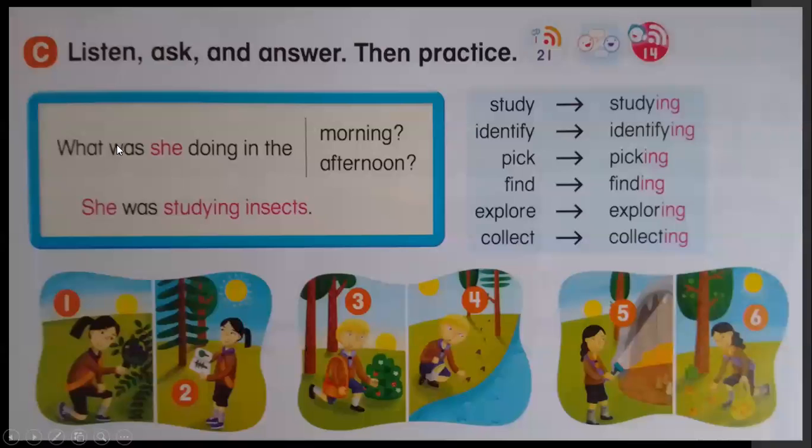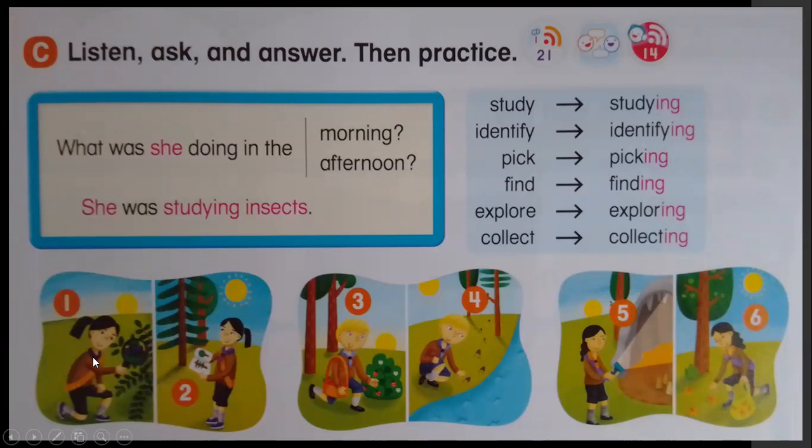Good. Now, this activity you can find in your student book. Activity letter C on page number 13. So as you can see here, the question, what was she doing in the morning? What was she doing in the afternoon? It depends on the time. And look here, the answer, she was studying insects. In the first picture, here we have two situations, number 1 and number 2.